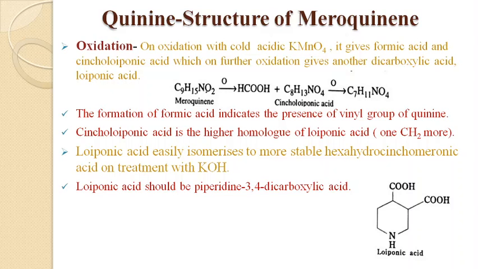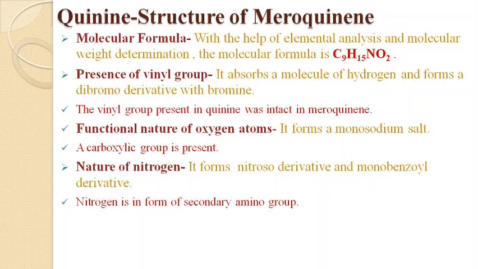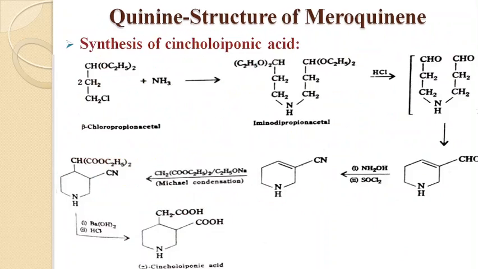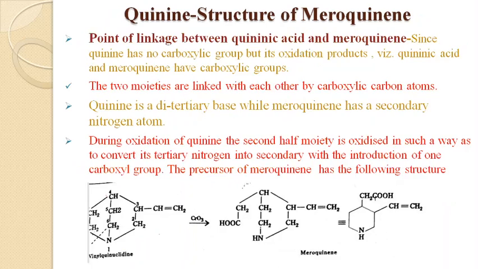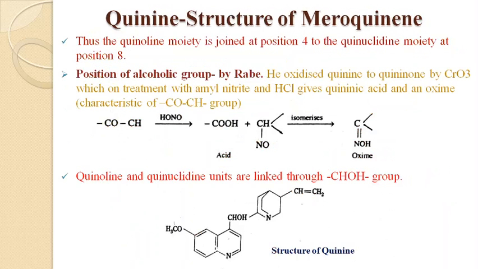All these are important from the examination point of view. So the final structure, as you can see, has a quinoline moiety with a methoxy group at the 6th position, a secondary alcoholic group, and the meroquinene structure. Thank you.